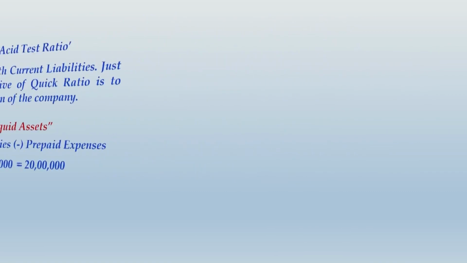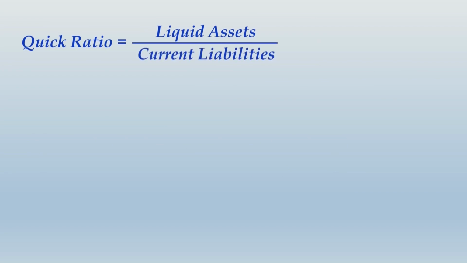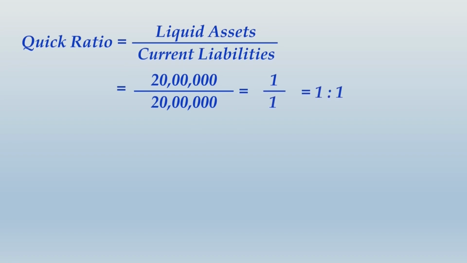Let us move ahead and continue writing further. Quick ratio will be liquid assets divided by current liabilities. So we have already found that current liabilities are 20 lakhs, and we have just calculated the amount of liquid assets. It is also 20 lakhs. So this ratio would be 20 lakhs by 20 lakhs, that is 1 by 1, or simply 1:1.